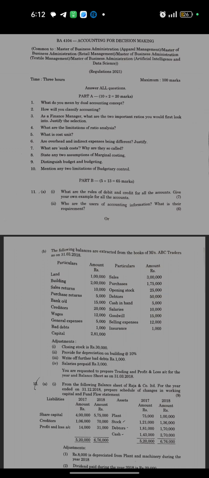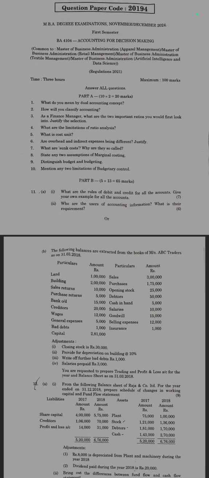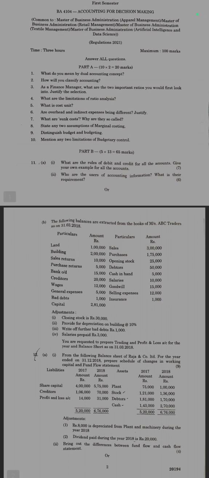And Part B, 11th question A: what are the rules of debit and credit for all the accounts? Give your own example for all the accounts. Who are the users of accounting information? What are their requirements? 11th B is a balance sheet question.